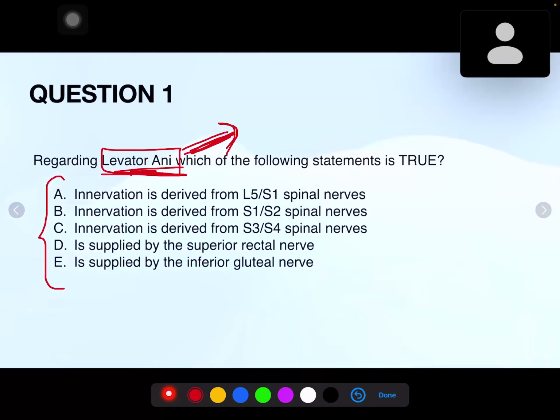No one? Or should I give the answer? Okay. Levator ani is innervated from the S3, S4 spinal nerves, as I told you. If you know the nerve supply, you can correctly choose the right answer.